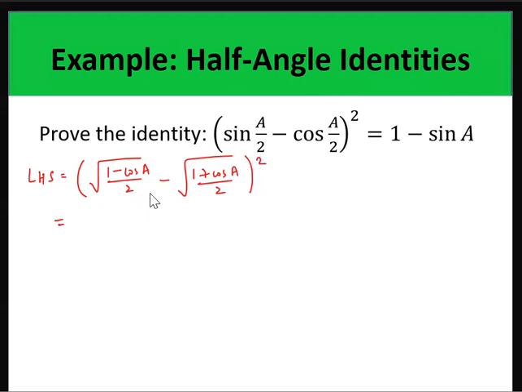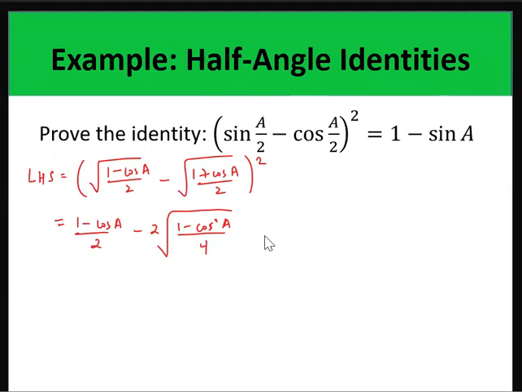So for this square, we will expand this binomial and we get 1 minus cosine of A over 2, and then minus twice the product of the following. The radicals will have the product square root of 1 minus cosine squared A over 2 times 2, which is 4.